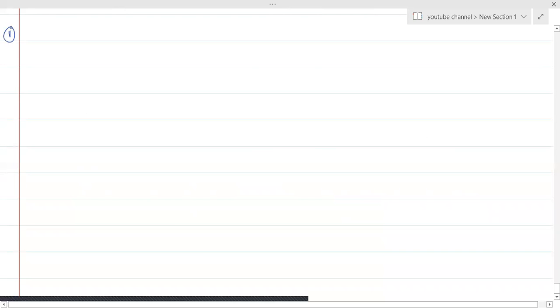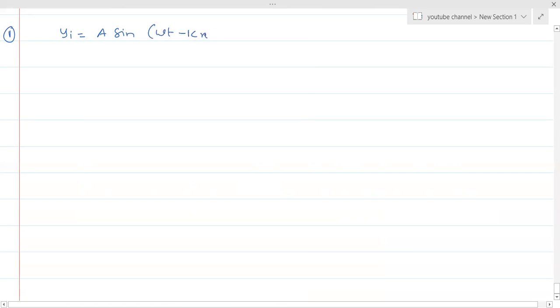Now, we are taking up the problems discussion, with a different approach. Suppose the incident wave is equivalent to A sin(omega t minus kx).